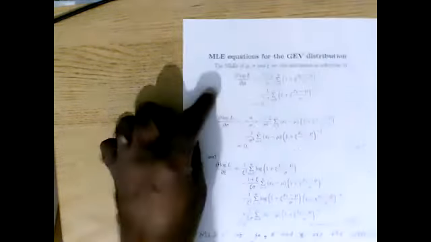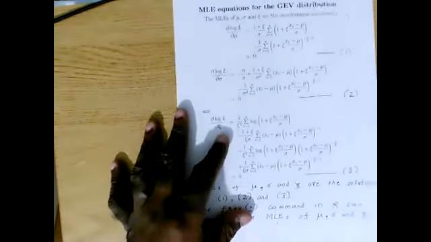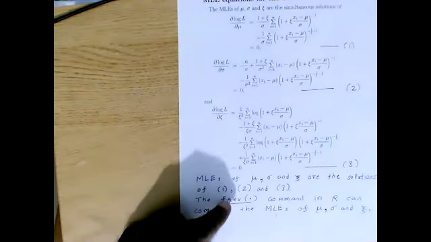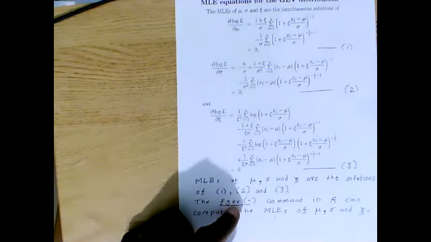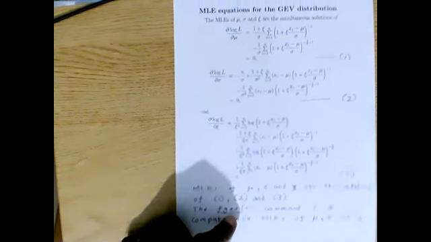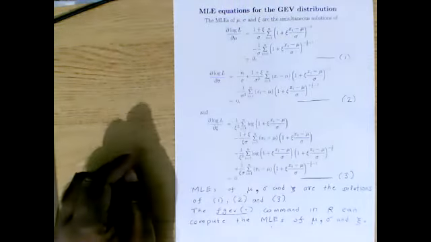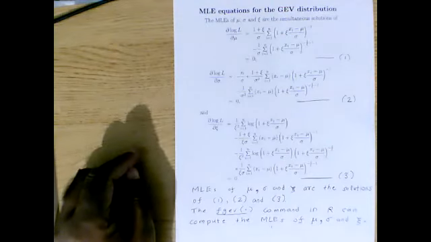And these are the 3 partial derivatives worked out, and there is a program in R. Those of you who are familiar with R, there is a function called fgev you can use to solve these 3 equations for the MLEs of mu, sigma and psi. Right, so that's the second of the 4 videos.